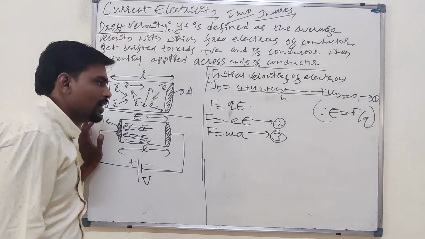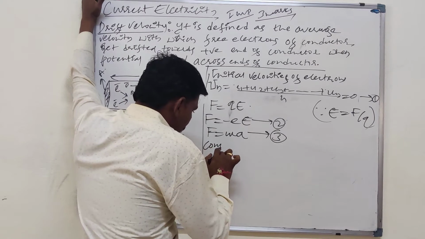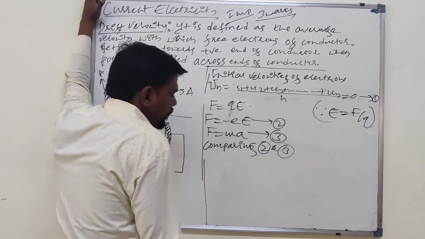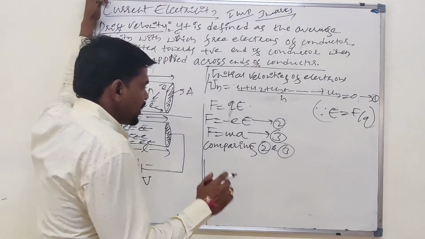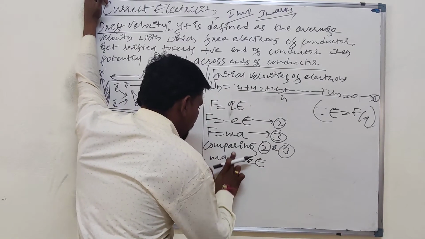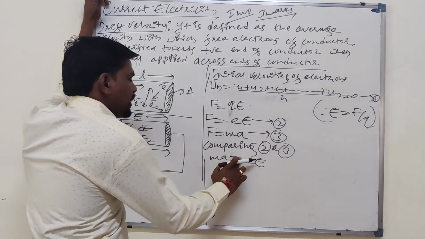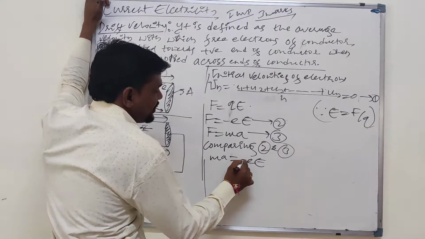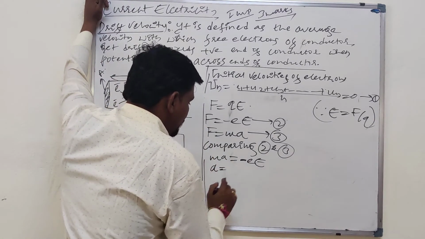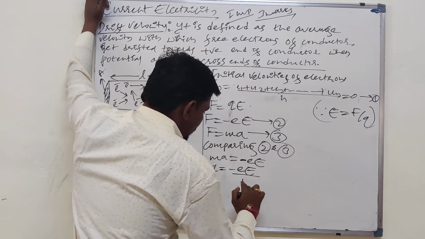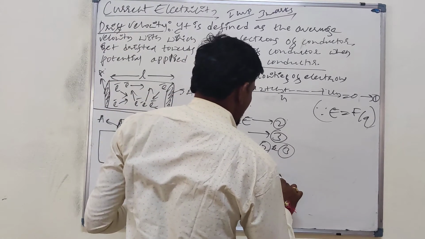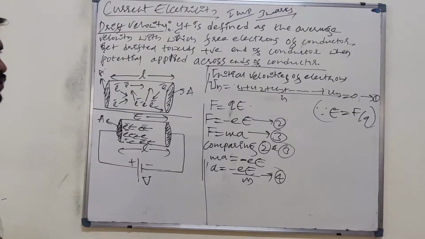Comparing 2 and 3, m a is equal to minus e E. Same way, since F has two values, I take the acceleration: a is equal to minus e E divided by m. Right. So this is called equation number 4.